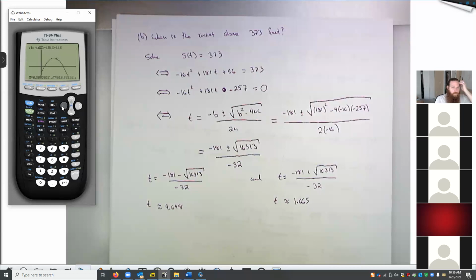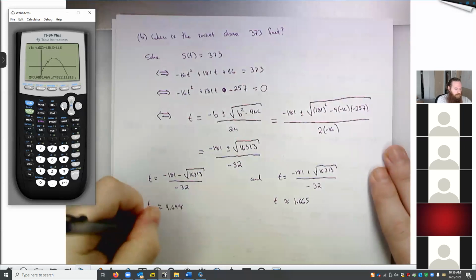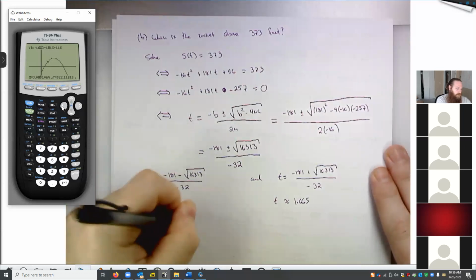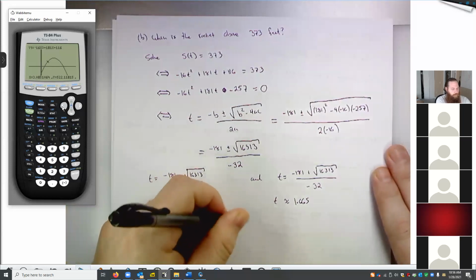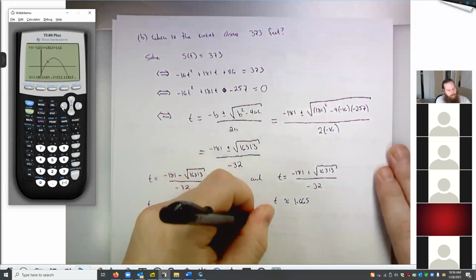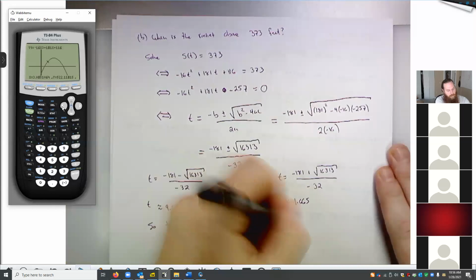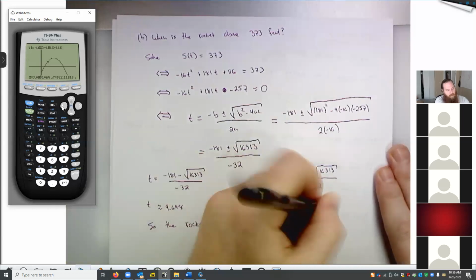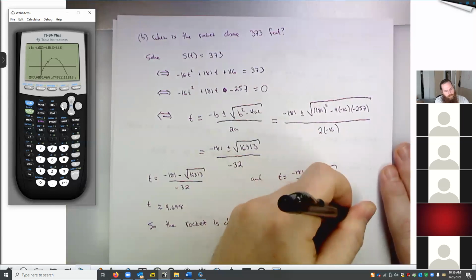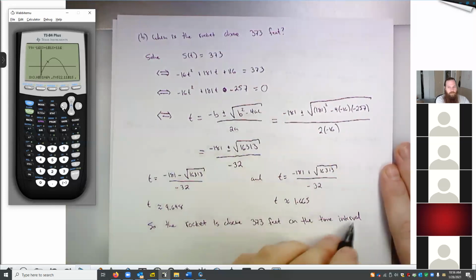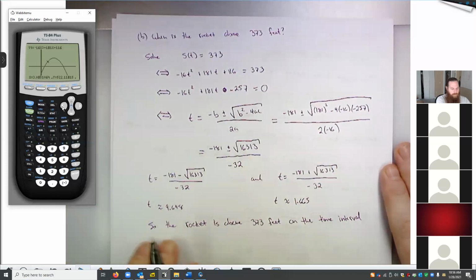So the interval of time values for which the rocket is above 373 feet. Remember what an interval is, it's just a set of t values or a set of x values.